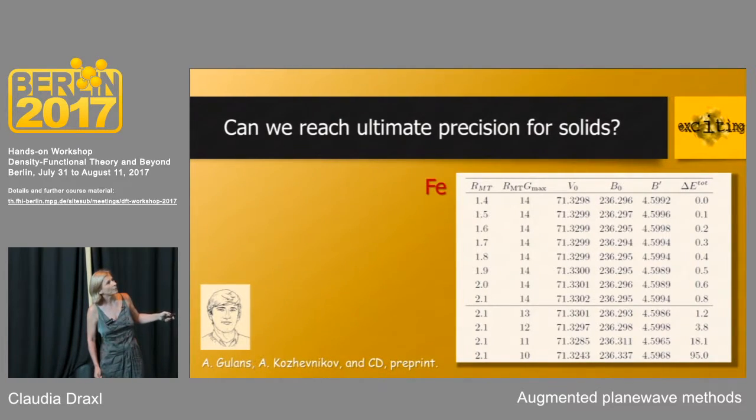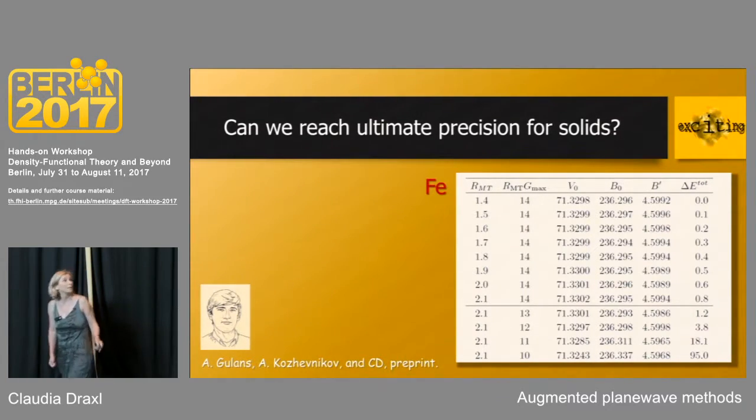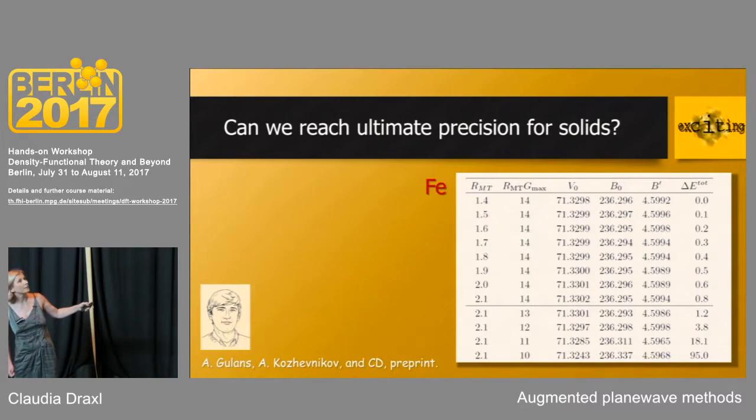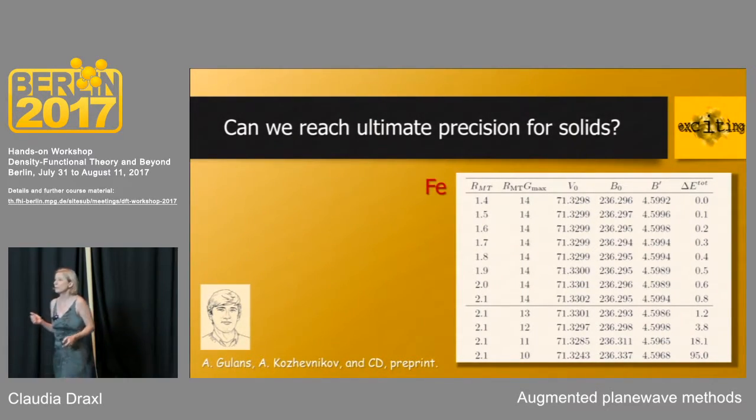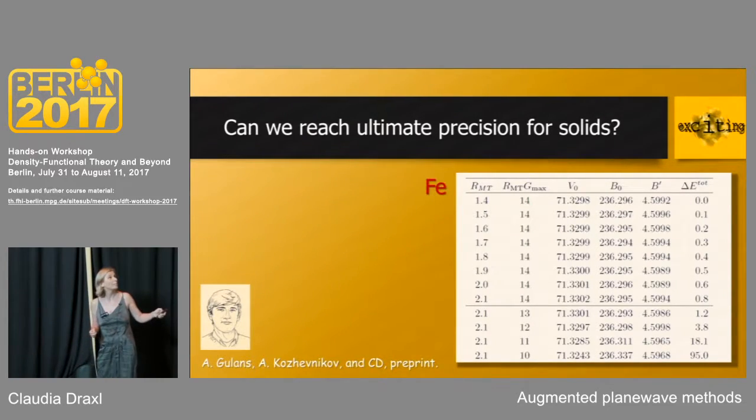So here we still have some deviations of these results. But as soon as the plane wave cutoff is converged, then you see basically absolutely no difference anymore in all the results. And this is quite surprising. You get the volume up to 4 digits after the comma for treating most of the stuff either as plane waves or as atomic functions.